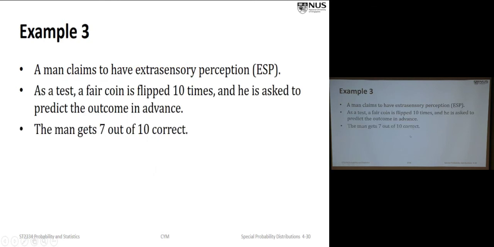Give me 2 or 3 more minutes. Let me finish this interesting problem. So this man claimed that he is special. He has this extrasensory perception. And then he said that he can predict how many heads. He can get many successes. So a success is considered getting the outcome he predicted in advance.